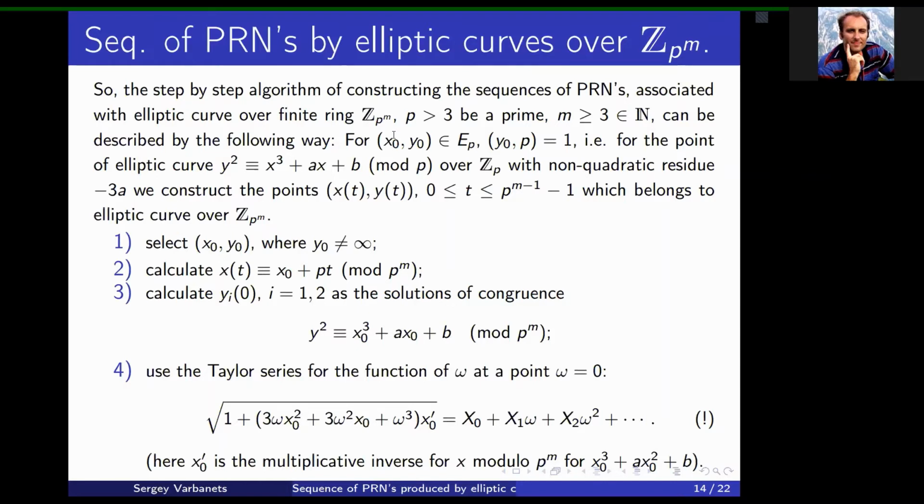We choose the initial point x0, y0 from the elliptic curve and use the condition that y0 and p are coprime. We test for the point of the elliptic curve defined by the following congruence over Z_p with non-quadratic residue -3a.